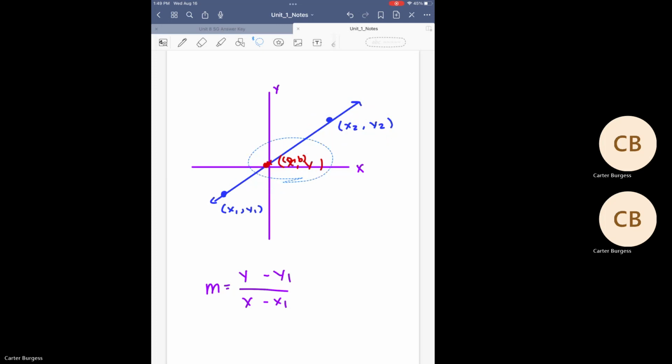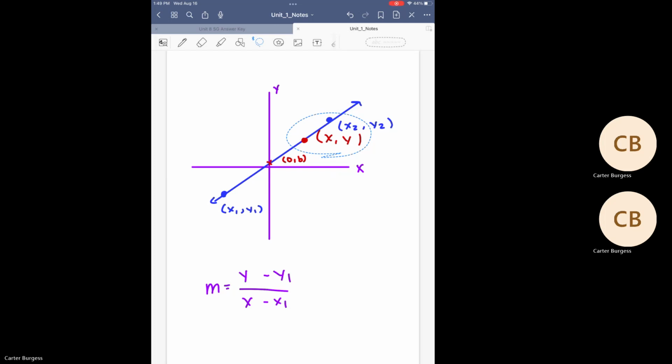All right, so now this point no longer codes for one particular combination, and allows us to talk about any possible combination that could live along this line. All right, so very slight adjustment to our slope formula. The slope is still the same, it's still constant, that's what it means to be a line, but now we want it to talk about any possible point rather than a particular point.